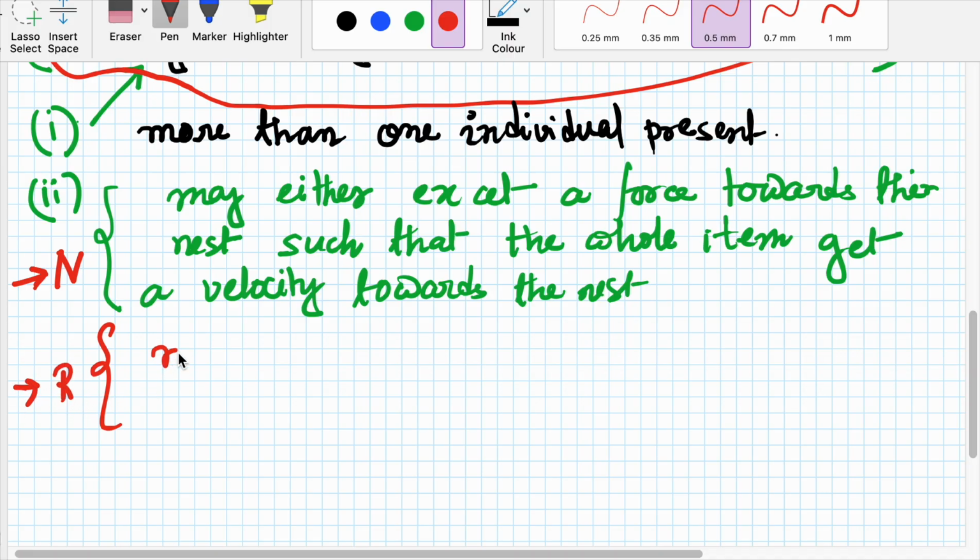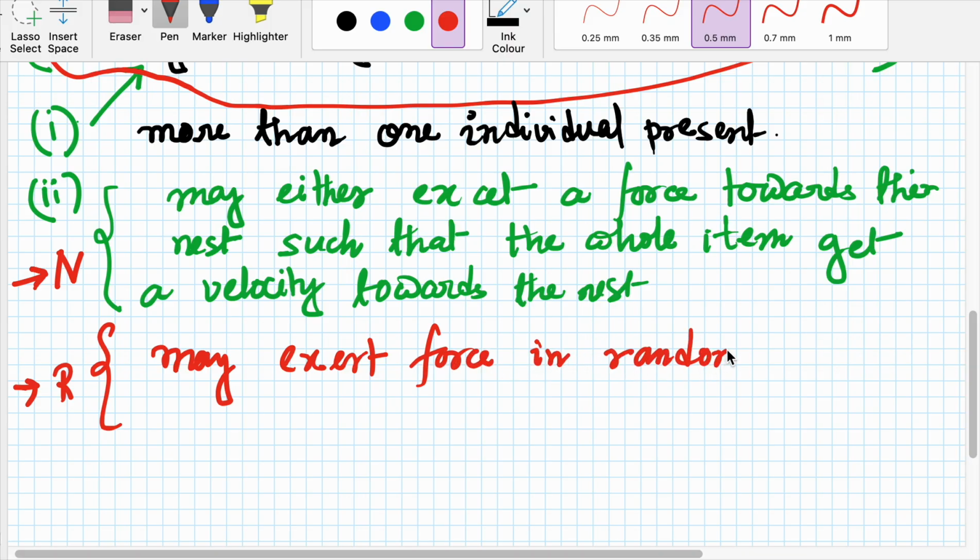Everyone may exert force in a random direction.